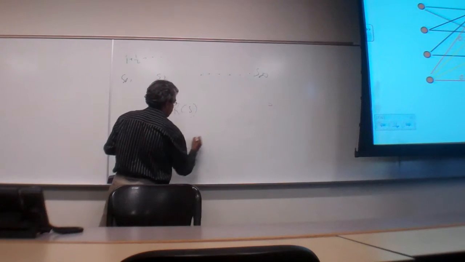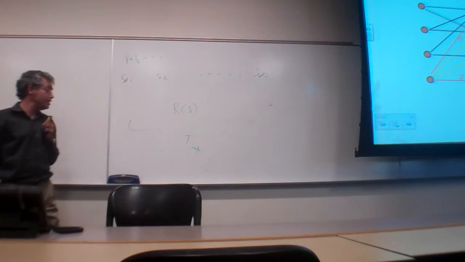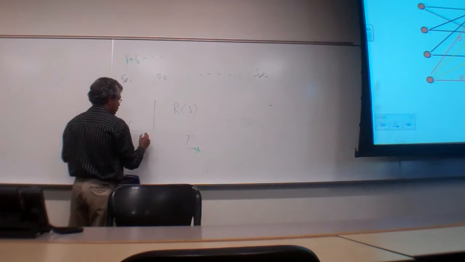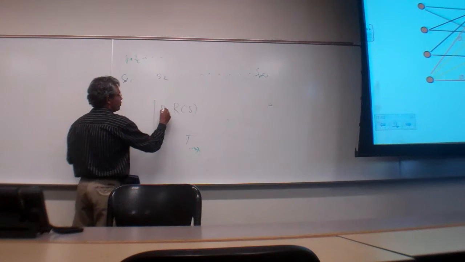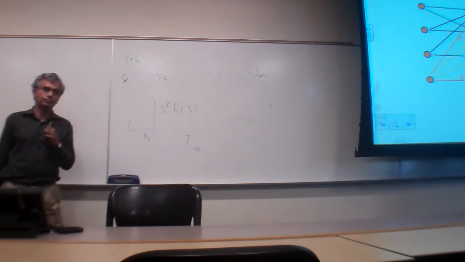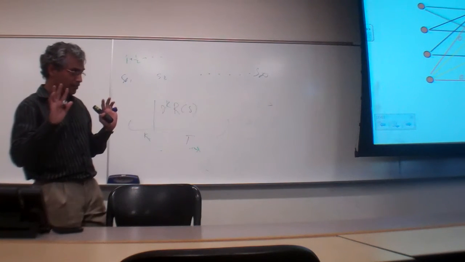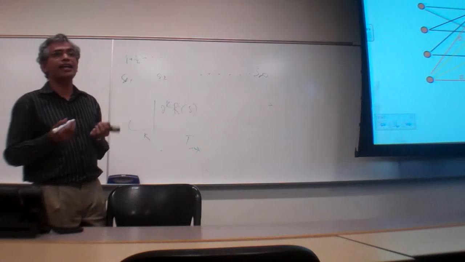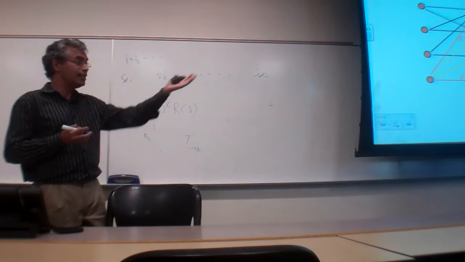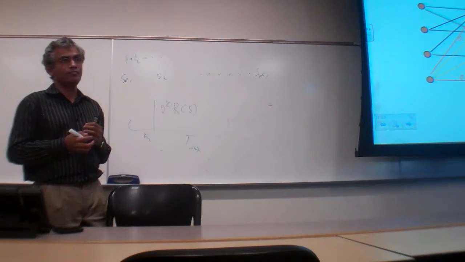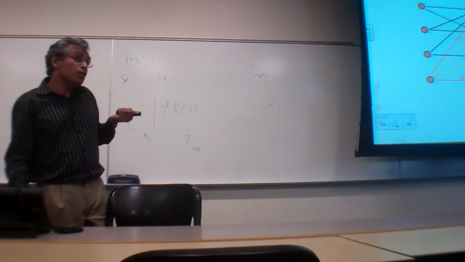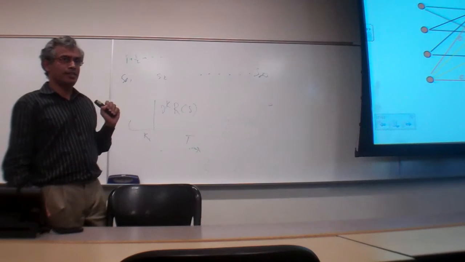So if this is your horizon T, and you already live to K, then you're going to put gamma power K times R of S. That's one way you will get a non-stationary reward, and it will still work in this case. Okay, but there was no reason to do it, at least mathematically.